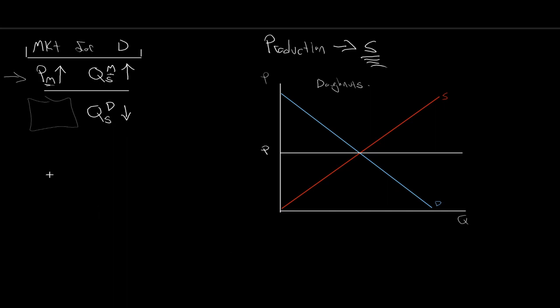Keep in mind, our production possibility frontier is set up to represent substitutes, donuts and muffins, and we can just pretend it's a linear production possibility frontier. It doesn't have to be.